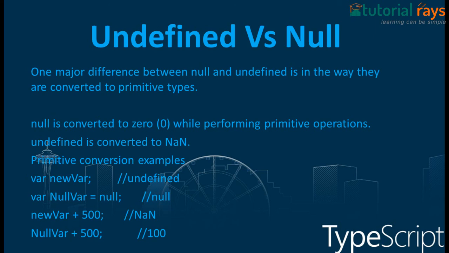Now if we add newVar plus 500, then the value will display NaN. If we use nullVar plus 500, then it will display 500.